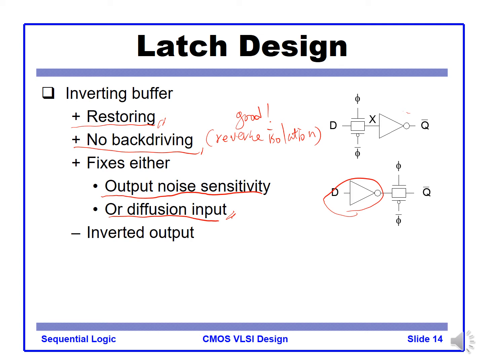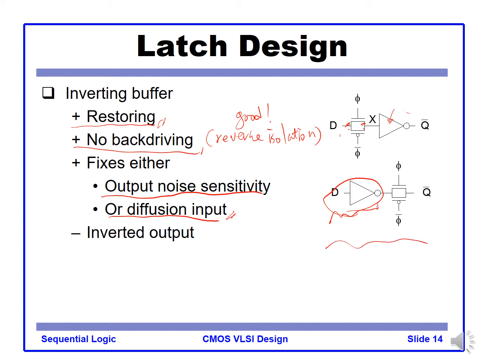But for the above, if we add a buffer at the output, then the input sees the PMOS and NMOS diffusion capacitance. So for reducing input capacitance, we had better add the inverter at the input.